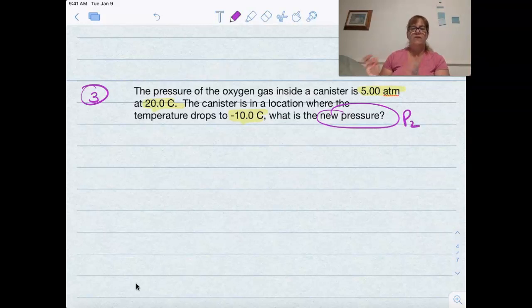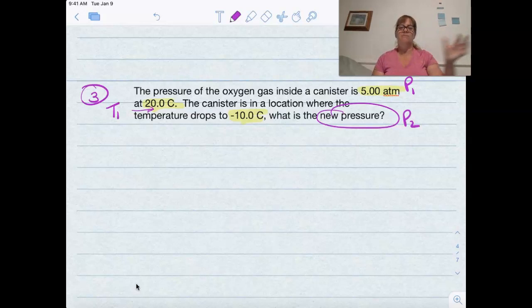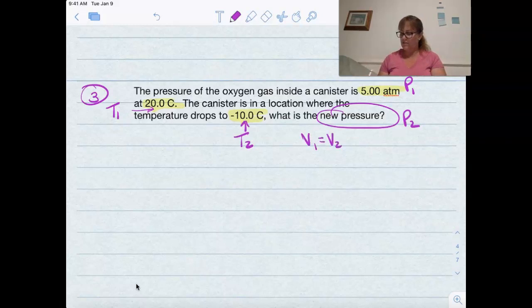Let's go through and identify it. 5 atmospheres, that's our initial pressure. 20 degrees C, that's our initial temperature. The temperature then drops. There was the change, so our negative 10 is our T2. It doesn't mention anything about volume. Volume is constant, so V1 equals V2.